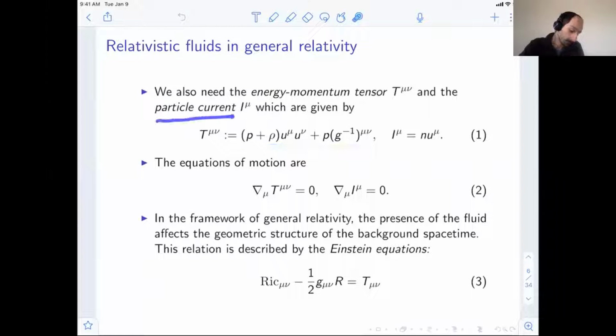And I is the particle current, which is n times u^mu, where n was the number density. The equations are again divergence of T is 0 and divergence of I is 0. This is for the fluid, and if we're coupling to Einstein, then of course there will be the Einstein equations as well, which is just the Einstein tensor G equals one half of the energy momentum tensor. Okay, so those are the equations.